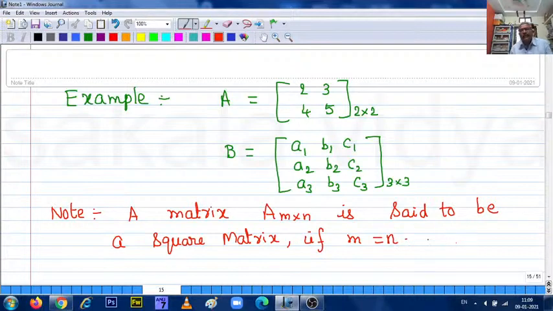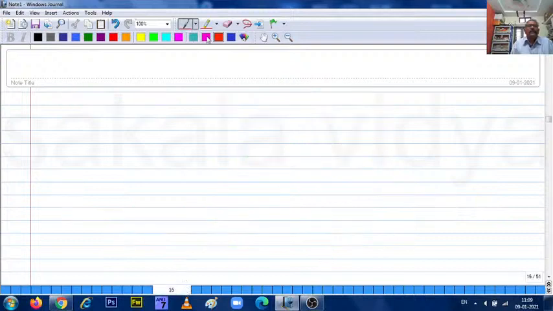If m does not equal n, that is a rectangular matrix. Morning class you might not have seen, Pavan Sai, I explained a lot of shortcuts. Here also I will discuss shortcuts. So now go to the third one.